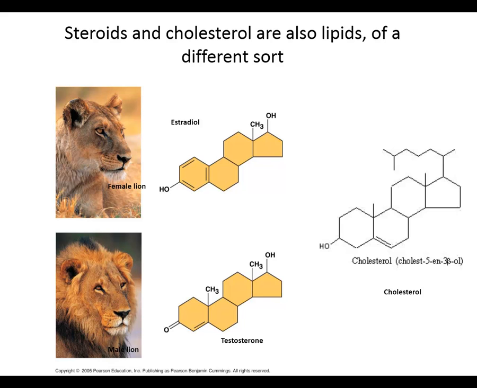OHs can do hydrogen bonds with water. These have a few. This has only one. Does that make sense? So here on cholesterol, the little OH group at the lower left is the only place that water can touch it. Testosterone and estrogen can flow in your bloodstream because they have a couple of OH groups on them that help them mix with water a little better.